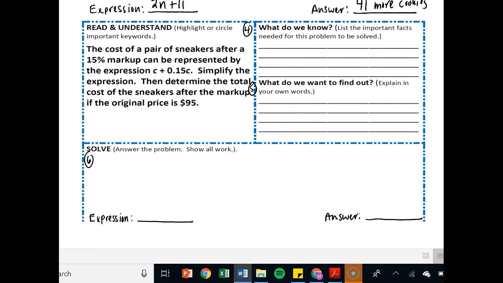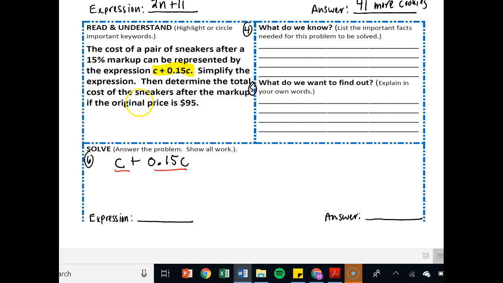If you take a look at this problem, very similar. You've got the cost of sneakers after a 15% markup can be represented by the expression C plus 0.15 C, and then simplify the expression and then determine the total cost of the sneakers. So I'm going to tell you what you know and what you want to find out. Your expression here is C plus 0.15 C, and hello, these are like terms, right?